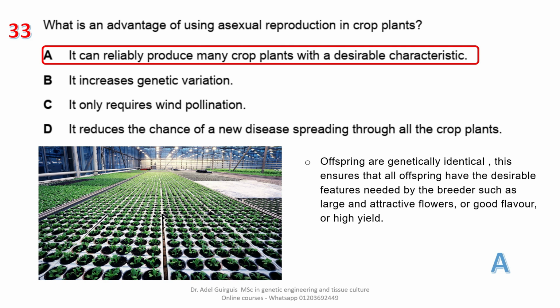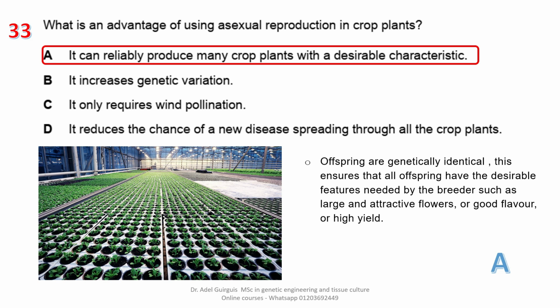Letter C, it only requires wind pollination. This statement is nonsense. Okay? Pollination is used when we need to transfer pollen grains from anther to stigma. This depends on sexual reproduction, on gametes. Okay?